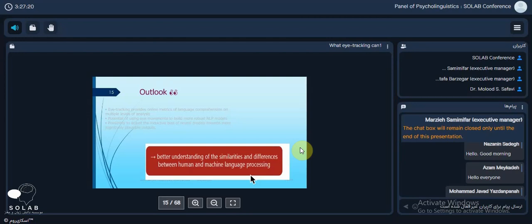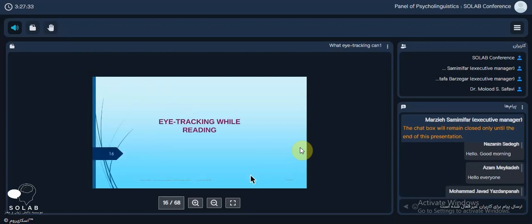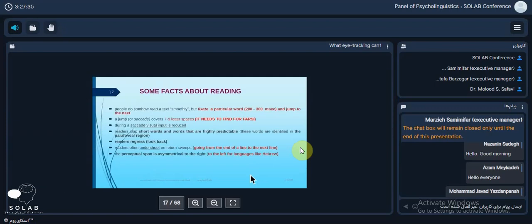If we want to summarize, better understanding of the similarity and differences between human and machine language processing is the main question of NLP models. Some achievements in language processing are mentioned here.